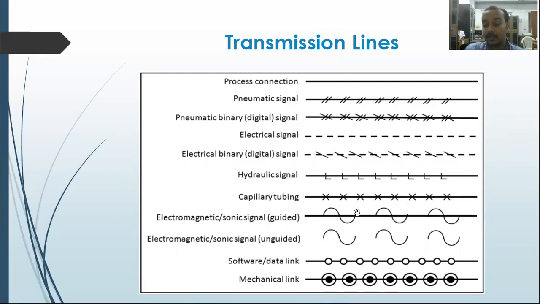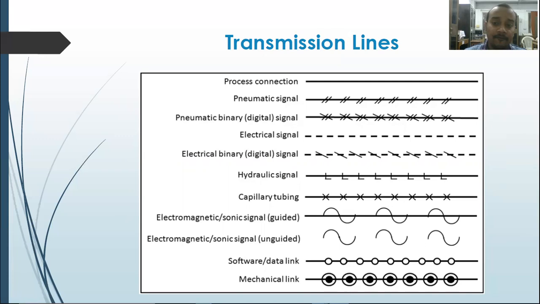After that, a sinusoid type of representation needs to be provided there, through which we get the information that it is an electromagnetic signal. If a software link or data link is connected between the two ends, it will be represented by this. If this is the connection between two mechanical machines, the mechanical link will be described in the P&ID like this.